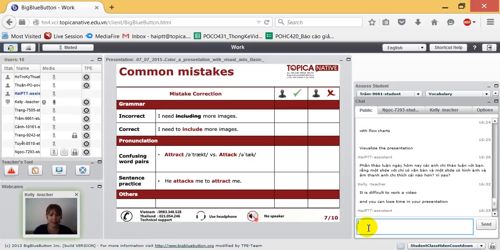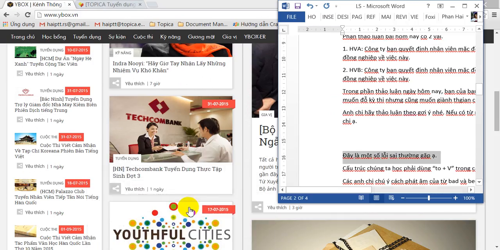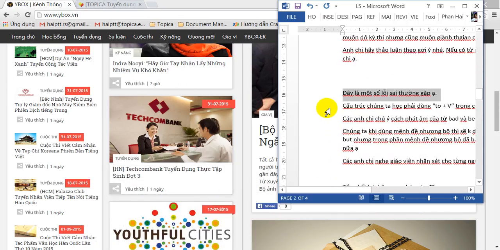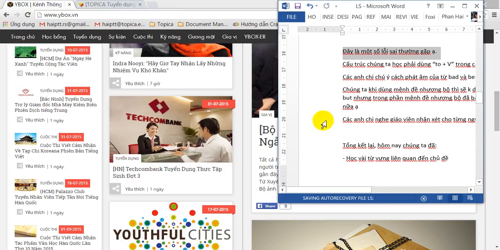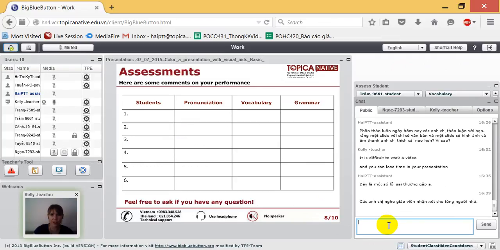All right, I want to go over some things with everybody. The first thing I want to cover is a mistake that came up a couple of times today by a couple of students. I just want to clarify something before I get into some individual corrections.